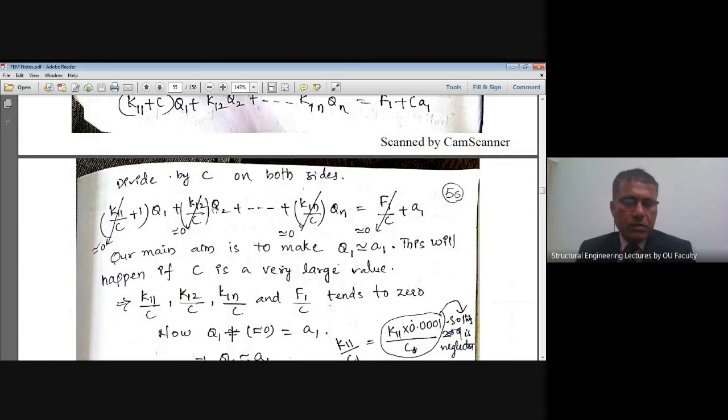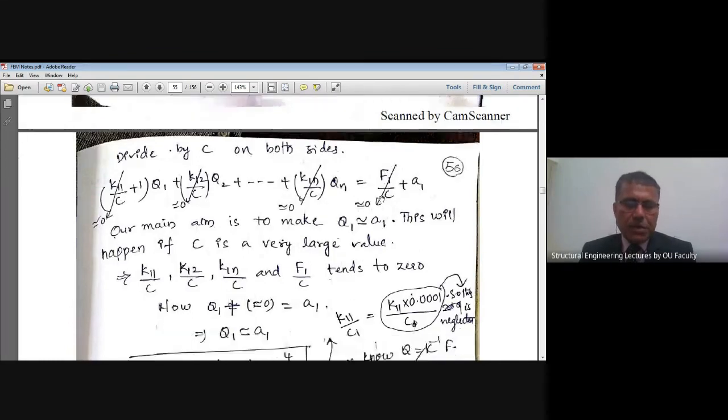Then only 0 multiplied by Q2, 0 multiplied by Qn, means there is no contribution from all this. The only contribution is from Q1 multiplied by 1, which must be equal to A1. Then the first term on the right hand side must also diminish, tend towards 0, means F1 divided by C must tend towards 0.